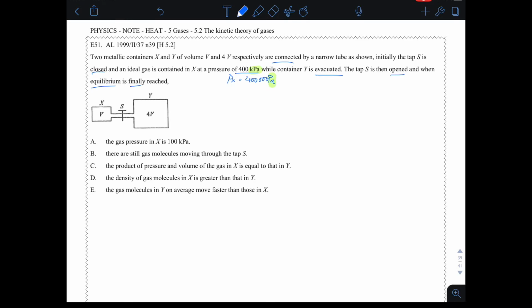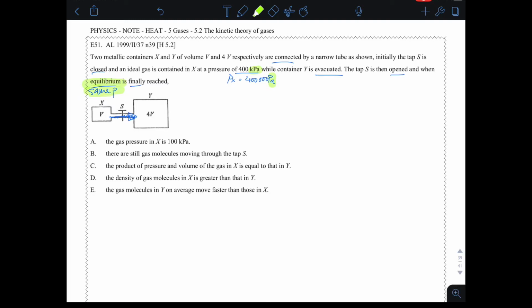Then you have to know that the direction of flow depends on the pressure, so we have a high pressure within X while we have zero pressure at Y, so the molecules will move from X towards Y. Then what is the meaning of equilibrium? It will be at the end when they have the same pressure only, not about number of molecules.